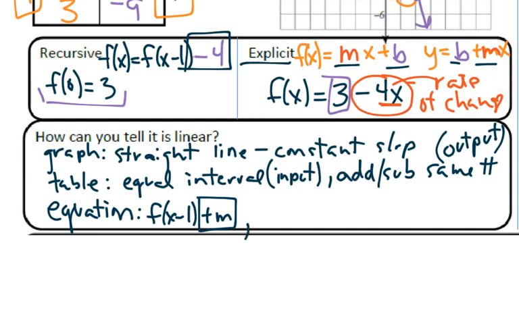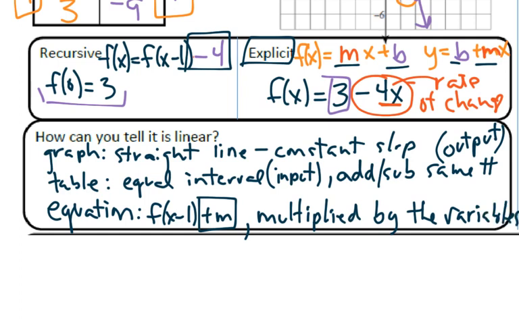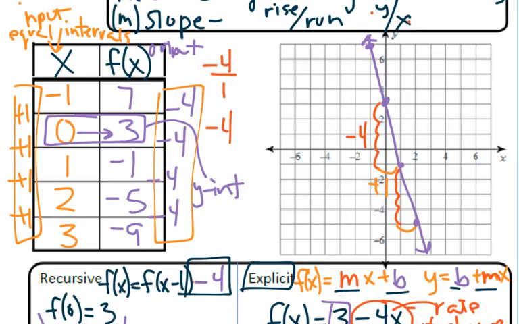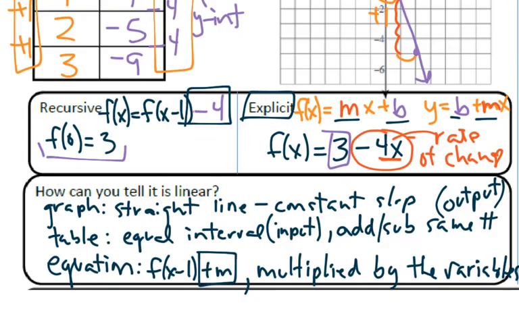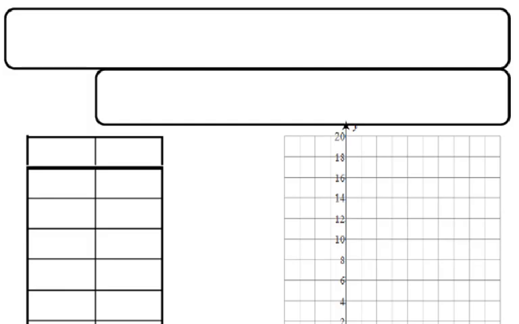If it's an explicit equation, which is what we look at more often, it's multiplied by the variable. Okay, the variables are multiplying. Okay, so there's the linear. There's some quick information about that linear, just reminding us about that one. So once again, there we go.